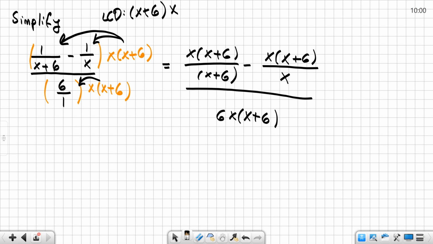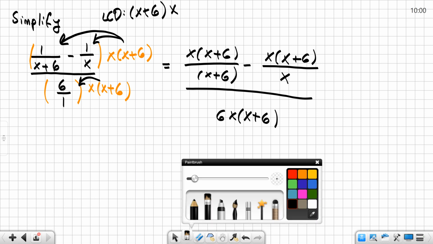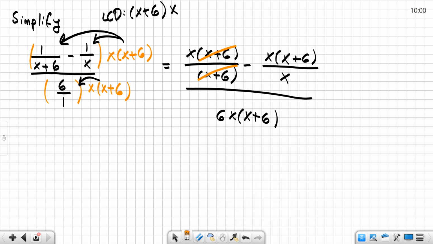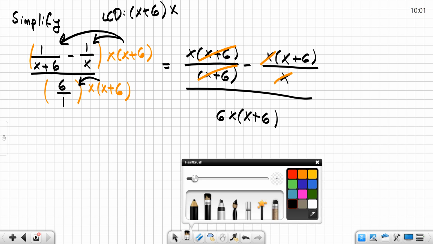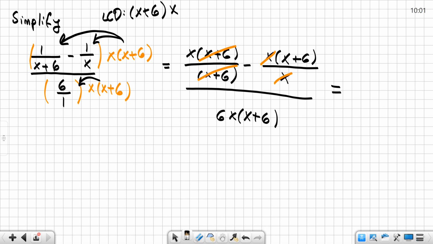I don't need to write this. And I see this goes away and this goes away, and I will be left with what is left in my first fraction? Just the x, minus, don't forget the parentheses, x plus 6. Don't forget the parentheses here. All divided by 6x times x plus 6.